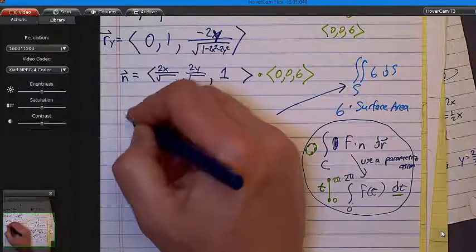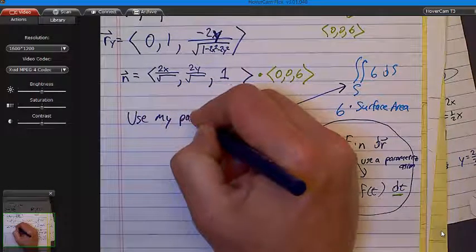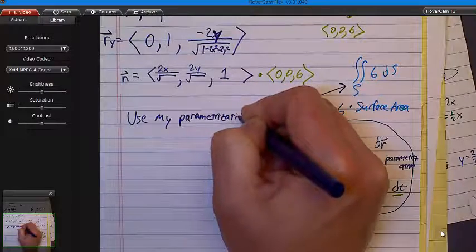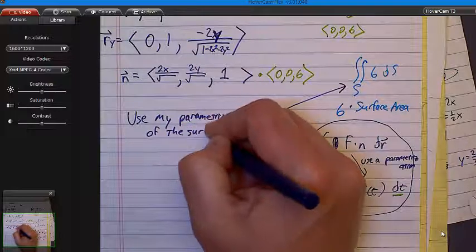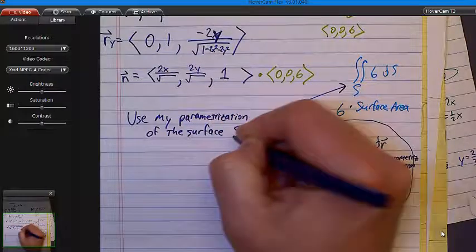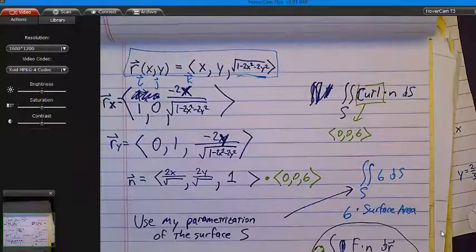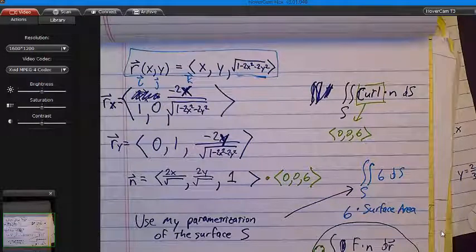But if you understand that, then what I'm going to do over here is I'm going to say I need to use my parameterization of the surface S. Well, what was my parameterization of the surface? It's up above, right? R of xy is this, right?